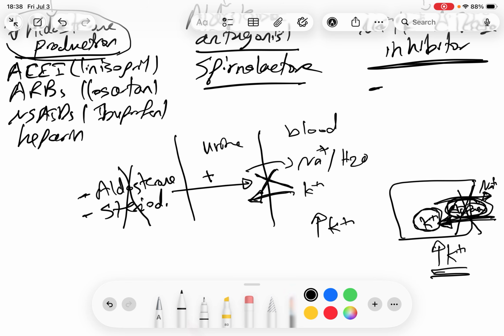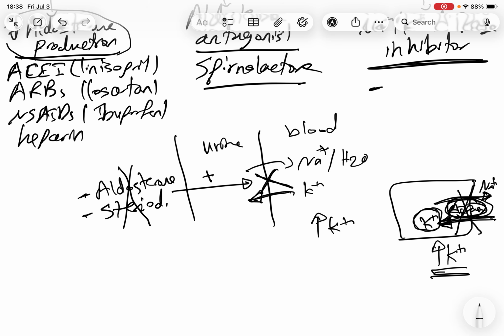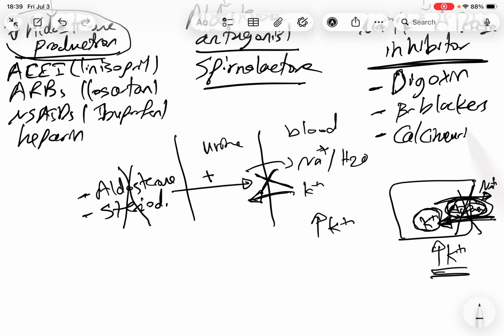and these medications are digoxin, which can cause sodium potassium ATPase inhibition, beta blockers, such as propranolol, and of course calcineurin inhibitors, such as tacrolimus.